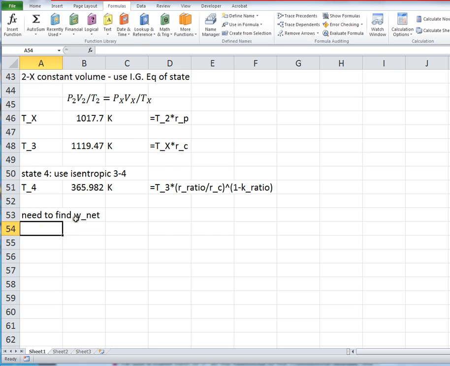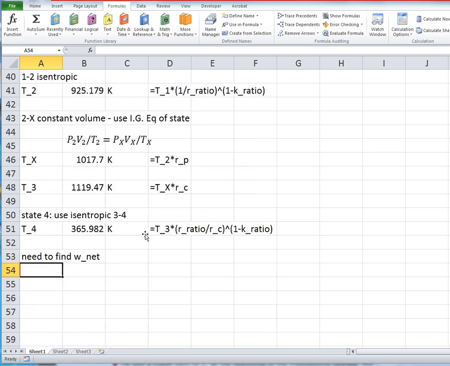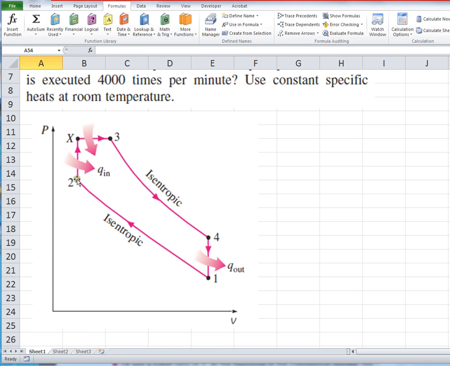We can either find all the work that's done in the various processes and add them all up, or we can find the heat transfers and add them all up, because for the cycle, any cycle, W net is equal to Q net.